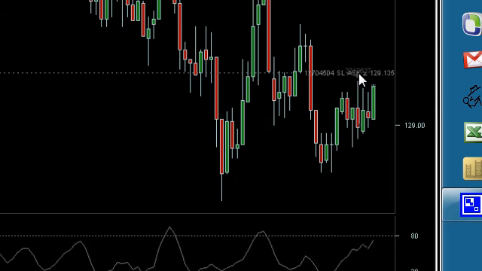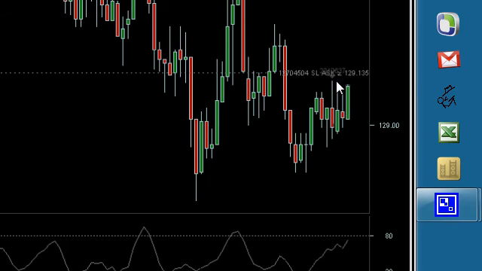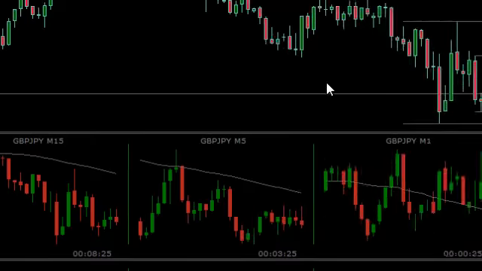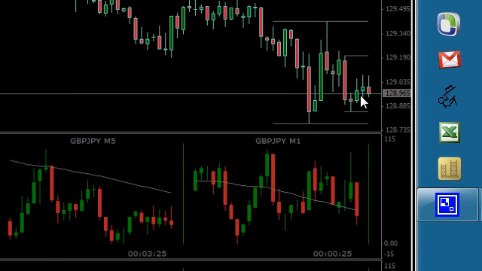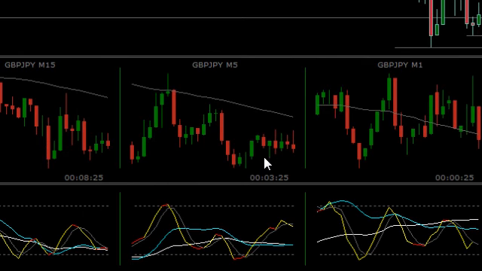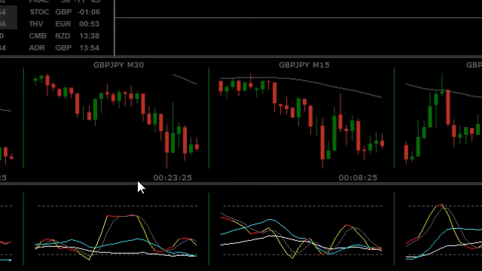What we're hoping for is it to spill over and come down under this 129 here. So we can see it developing into a downward kind of situation. This is M15, and we're looking for it to break this kind of line here and head downwards. We've got all good signs of downwards short trading, so we're happy with this trade. Nice tight stop.